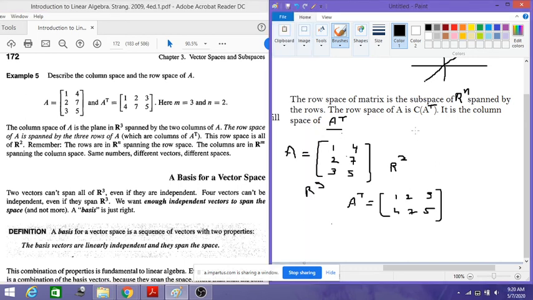So let me write that point here: the rows are in R power n and span the row space, and the columns in R power m span the column space. Okay, so these are the important points. We'll just summarize this before going to the next topic.